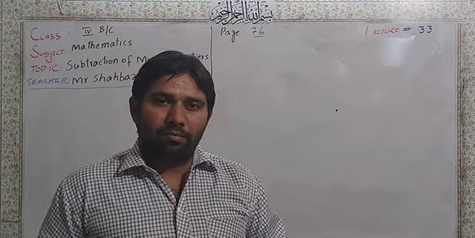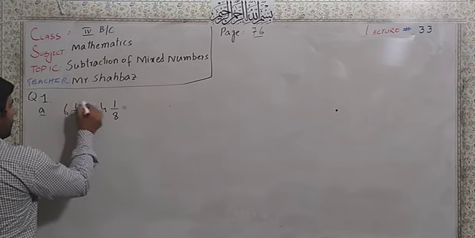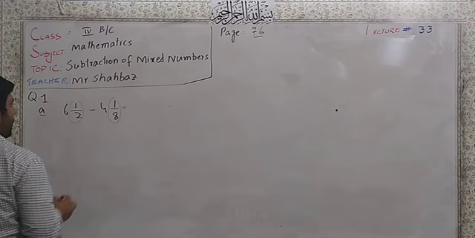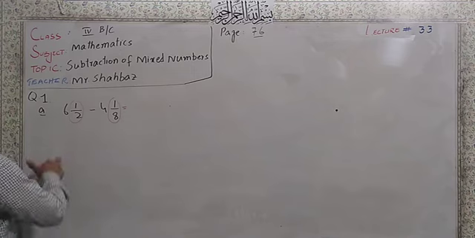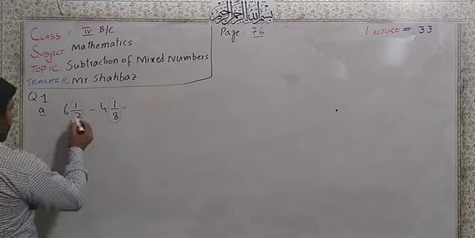In subtraction, we take the fractions, this fraction and this. We will leave the whole numbers. 1 over 2 minus 1 over 8.